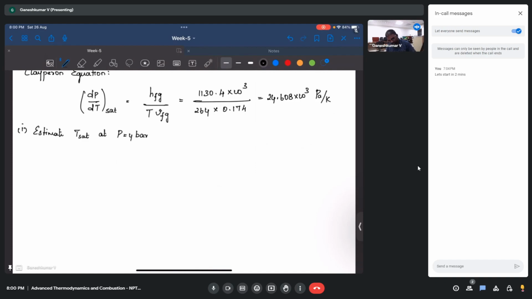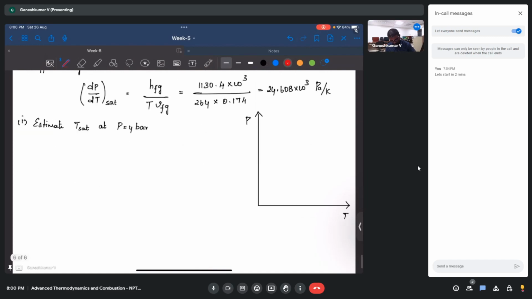basically what I'm trying to do is, let me draw it in terms of a PT graph and I will show you. So this is P and this is T, right? It might look something like this.